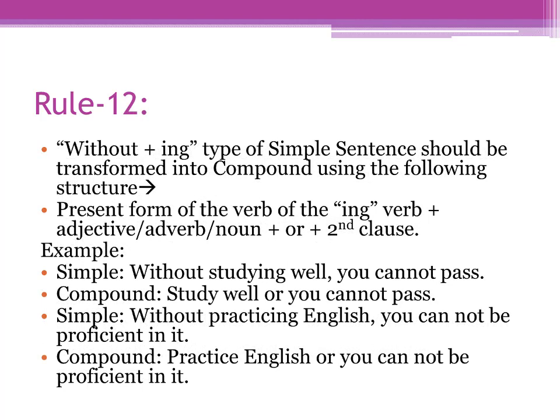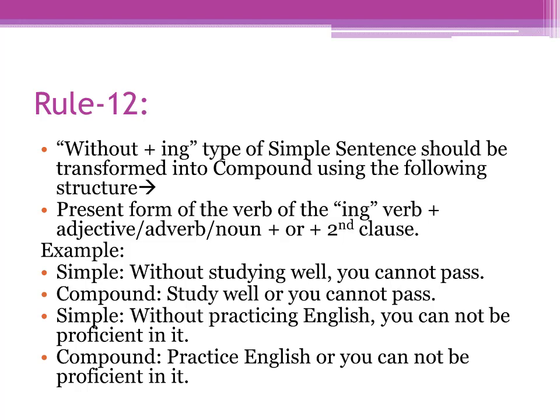Rule 12. "Without plus ing" type of simple sentences should be transformed into compound using the following structure: present form of verb of the ing verb plus adjective or adverb or noun plus "or" plus second clause or the other clause.